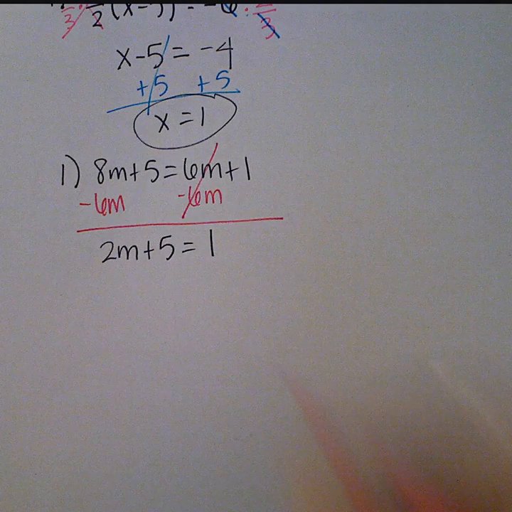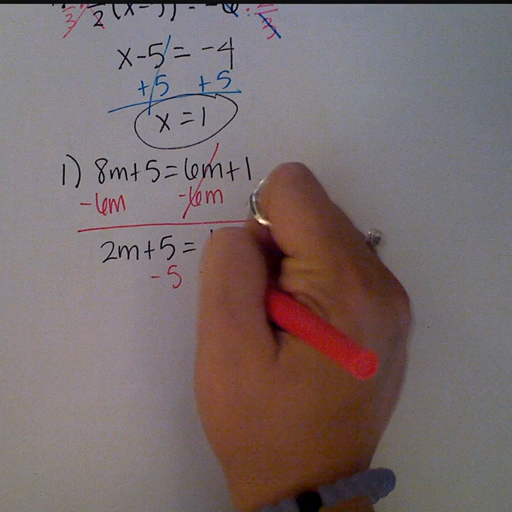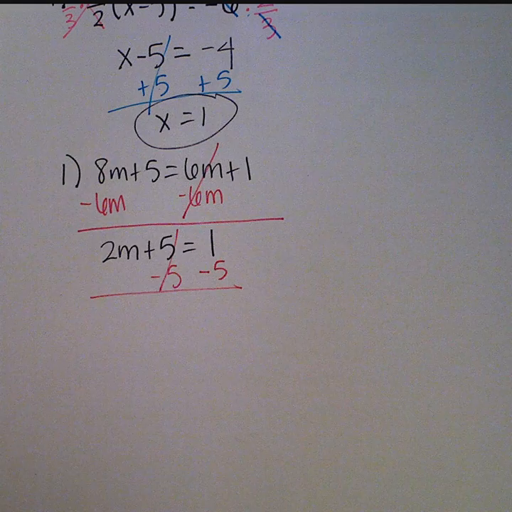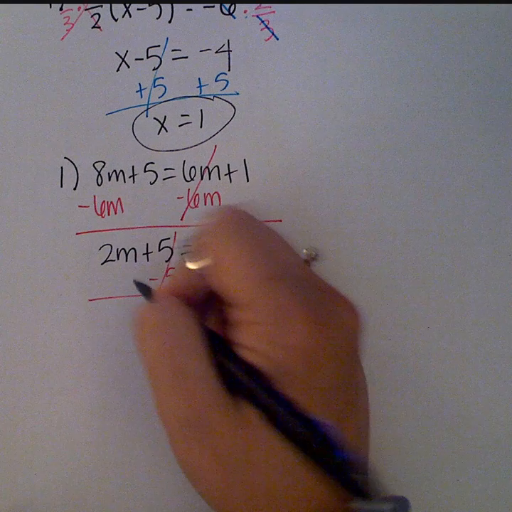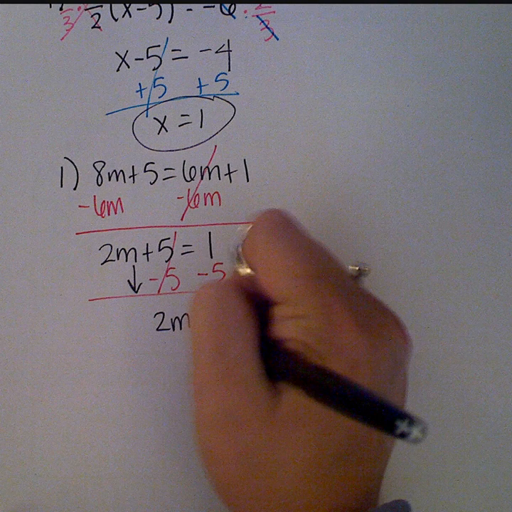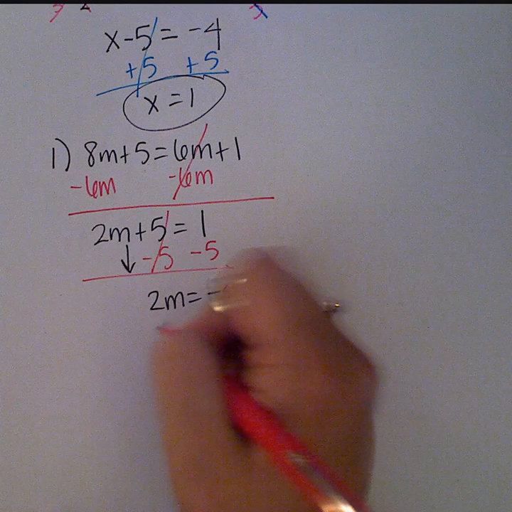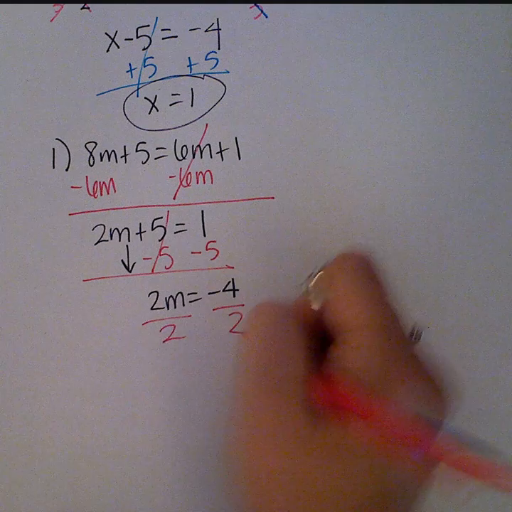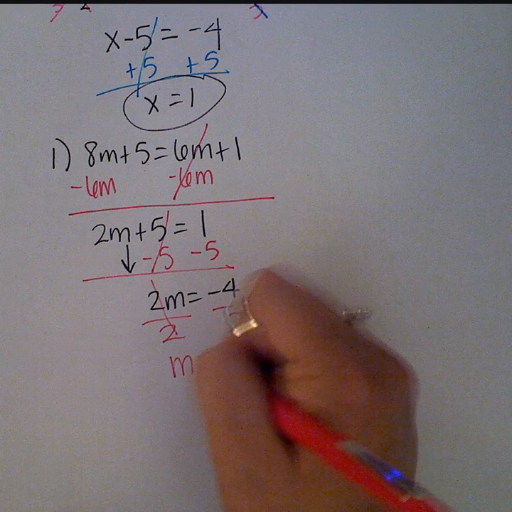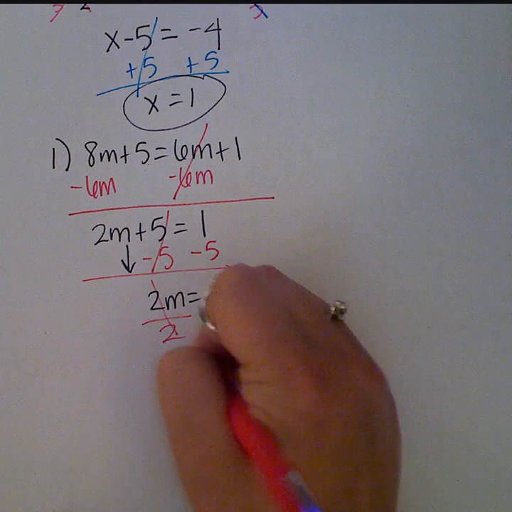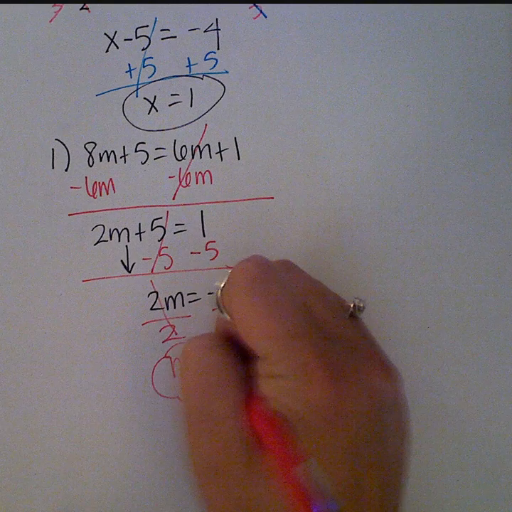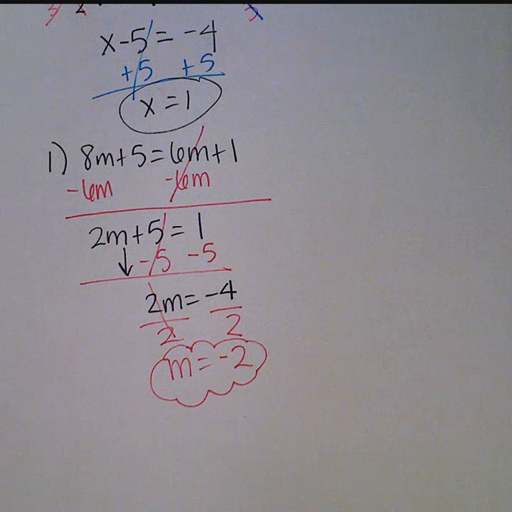Subtract 5. And then we bring down our 2m, and that gives us -4. What do we do next? Divide by 2. Divide both sides by 2. And we kill that, and we get m equals -2. Does everybody agree with that answer? Yes.